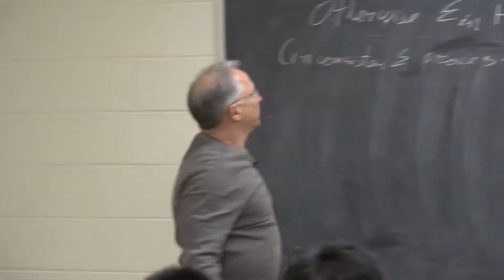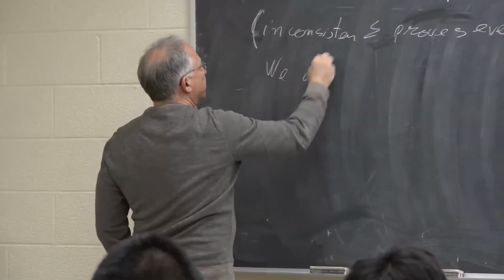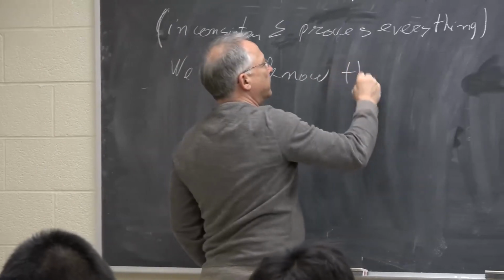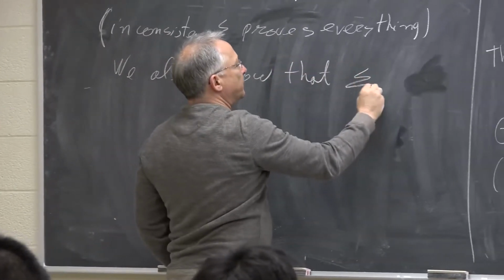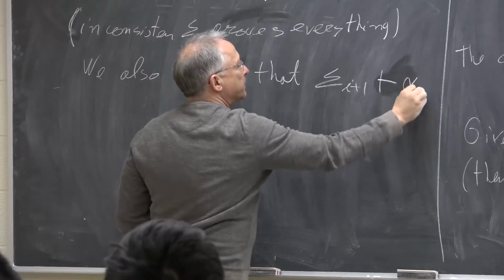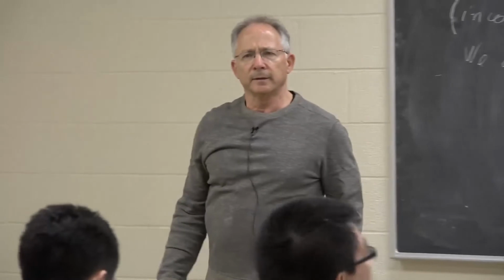Okay? But we also know that sigma I plus 1 proves alpha I plus 1. Why is that? Because it's inconsistent and proves everything?